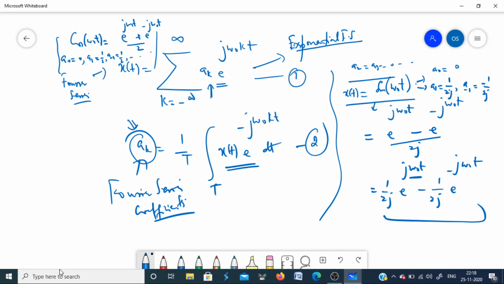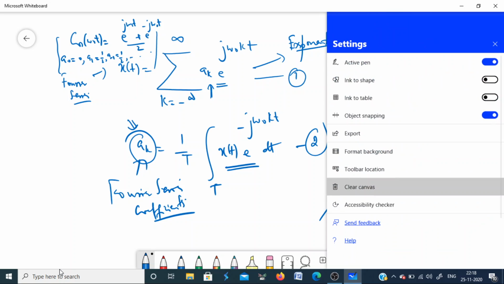Okay, so if any signal is given in the form of sine and cosine functions and you have to find its exponential series, you simply decompose it in terms of exponentials, and from that you compare what the constant term is, that gives you a naught, then the coefficient with fundamental frequency omega naught will give you a1, and so on.